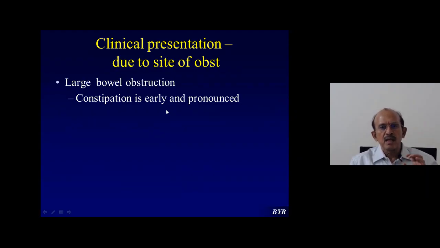That means even though there is obstruction, the patient passes stools once or twice. So there is no sudden blockage of feces discharge. Patients do not get constipation all of a sudden. Even though there is obstruction, the patient passes fecal matter and flatus for a few minutes or at least for 1 or 2 hours after the obstruction.